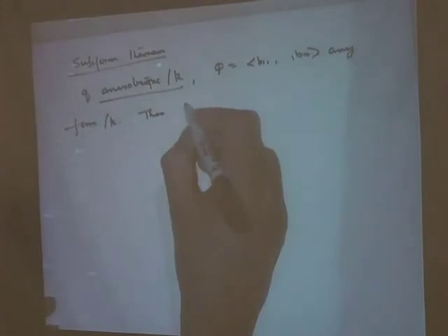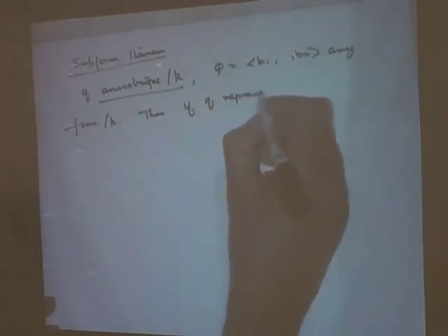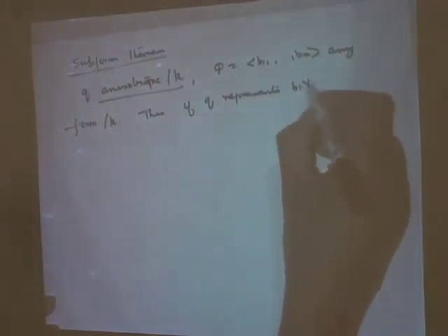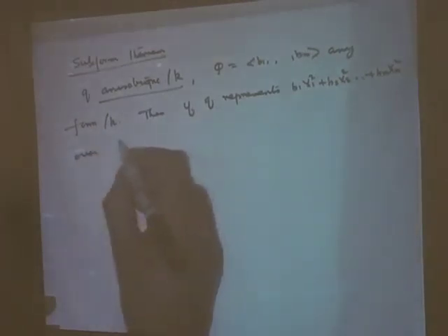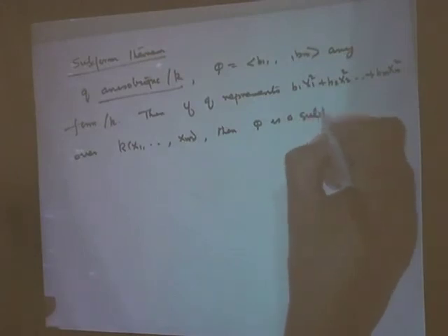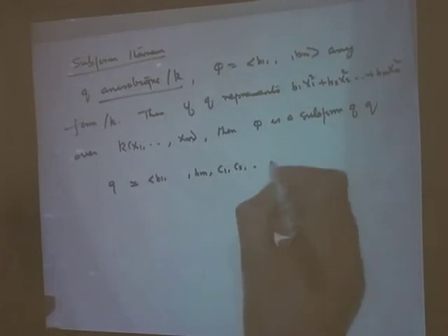Then if Q represents the homogeneous polynomial associated to phi, that means if it represents b1 x1 squared plus b2 x2 squared plus ... plus bm xm squared, over the rational function field in m variables over K, then phi is a subform of Q. You can embed phi as a subform of Q. That means Q can be written as b1, b2, ..., bm, c1, c2, ..., cl.